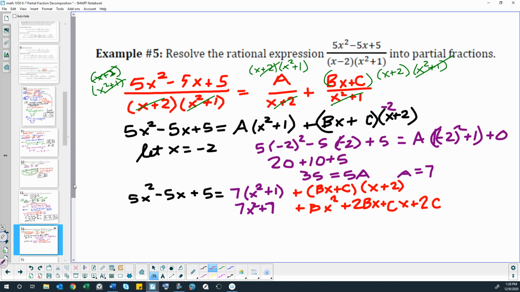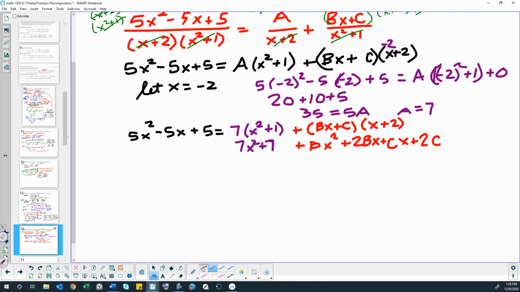So if we gather up our terms, we will have 5x squared. Here, let's just call this the x squared terms. So 5 here. And then on this side we have 7x squared and Bx squared. So solving for B, we should have B equals -2.